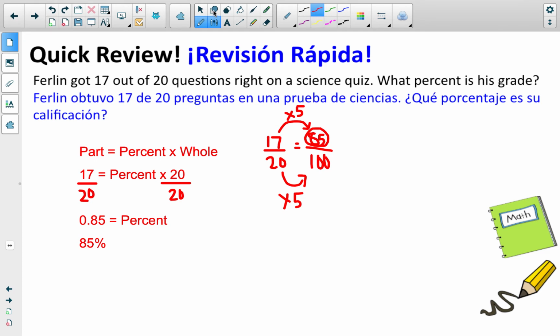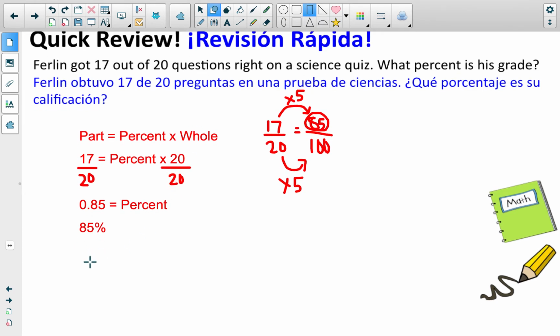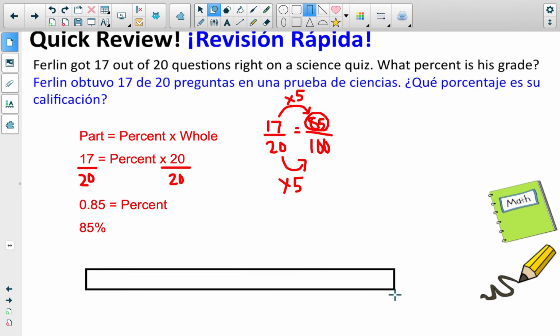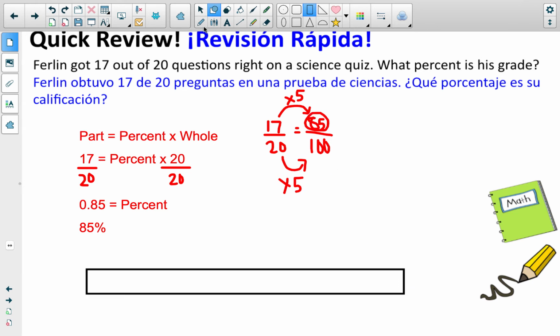Now, if you're looking at it as a bar diagram, and if you have not used the bar diagrams yet, and you're still struggling, I suggest you use these. In a bar diagram, we're going to put our percents at the top. Now, 100% represents the total, and that total is 20. Now, he got 17 right, which is more than half, because 10 would be half. It's closer to being almost towards 100%.